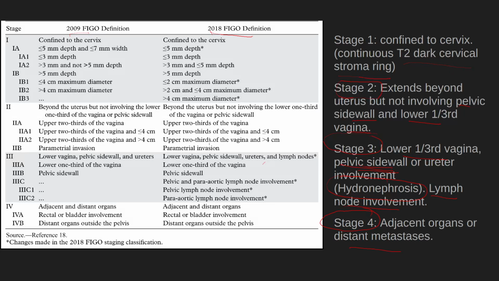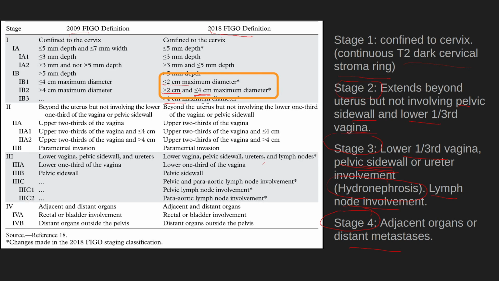So coming to the FIGO staging here, we can see there are two major changes. The first major change is distinguishing between stage 1B1, 1B2 and 1B3 disease. If the tumor is less than 2 centimeters, it is classified as 1B1, and if it is greater than 2 centimeters and less than 4 centimeters, that classifies as stage 1B2, and greater than 4 centimeters is 1B3.